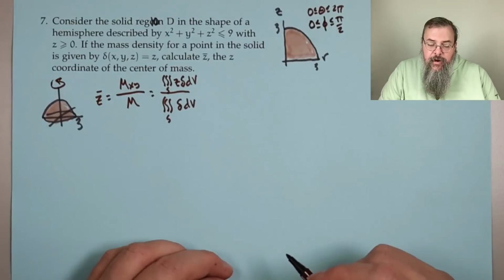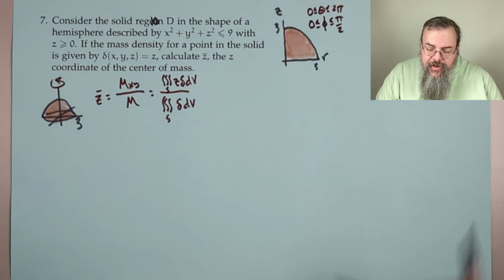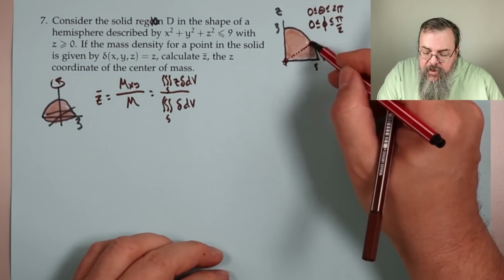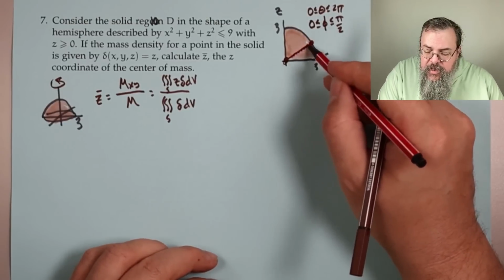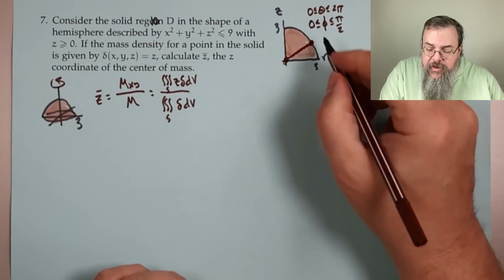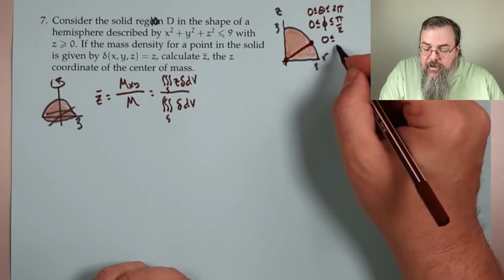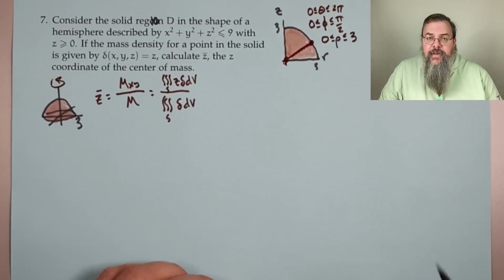All right, well, what about r? You start at the origin, and you just go out. Okay, well, how far do you go? We're going from r equals 0, the origin, out to hit the sphere. So that tells us that rho, I may have been saying r, I meant to say rho, goes 0 to 3.